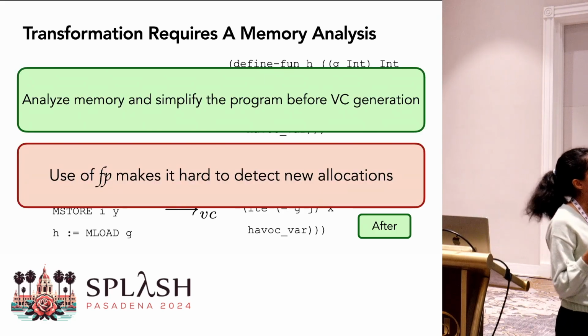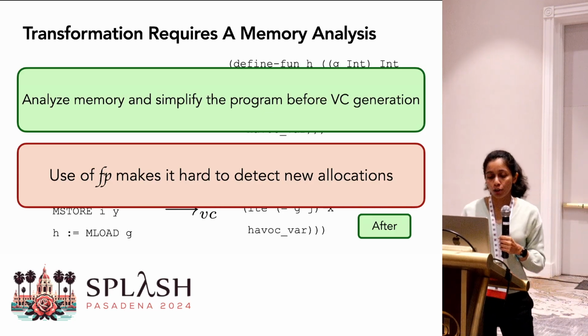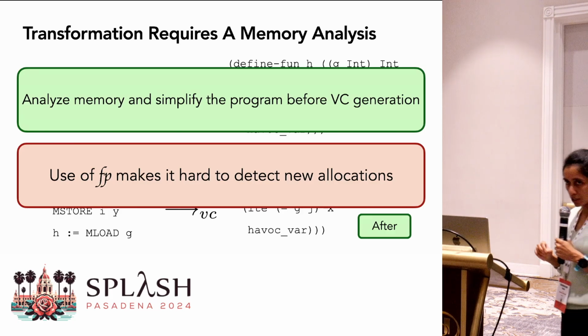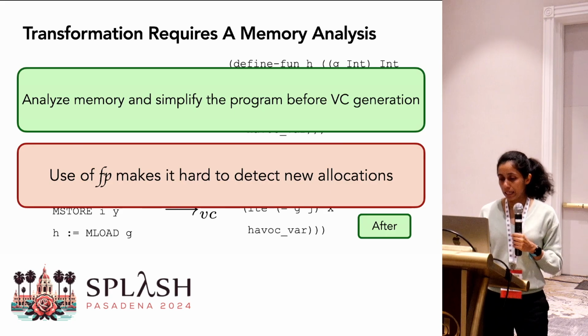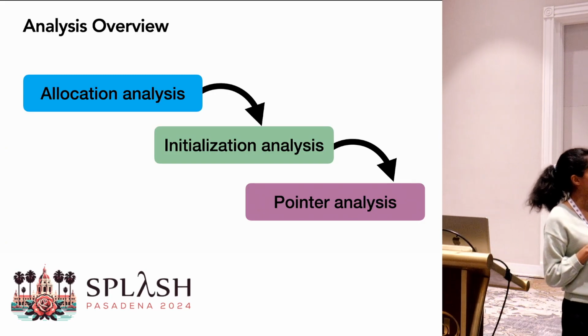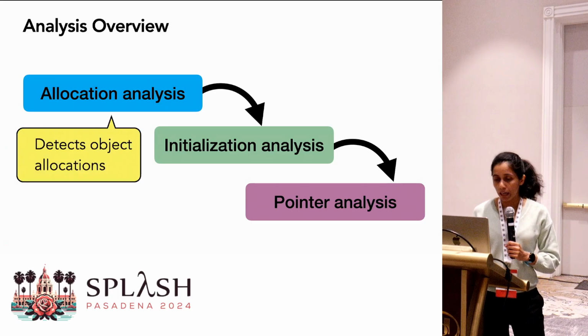Well, first, to be able to do this kind of simplification, you need some kind of program analysis, right? Otherwise it won't be sound. So we're going to build a program analysis, but the problem with that is, as I said, everything is based on this reading of the free pointer. So in order to build an analysis, we first have to know where allocations are even happening. Our analysis is made of three parts. The first part is an allocation analysis.